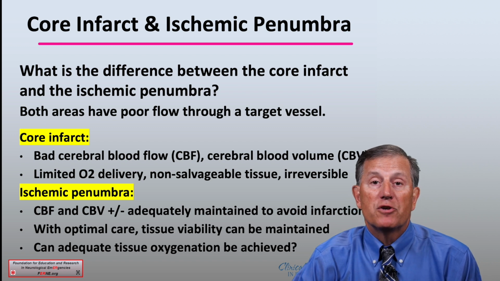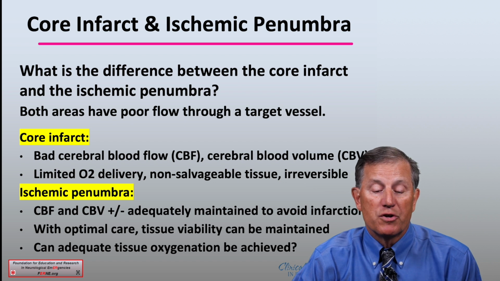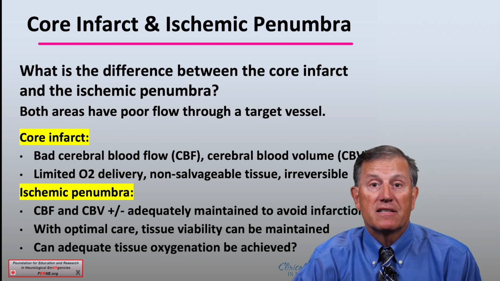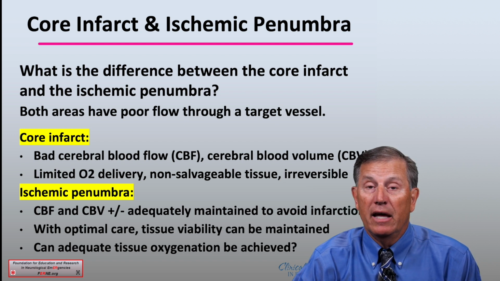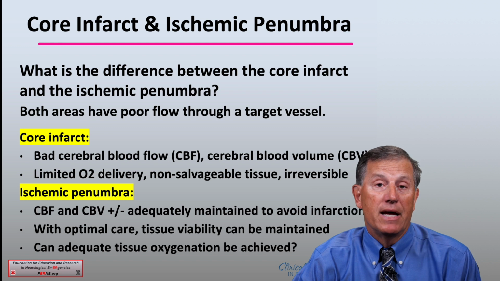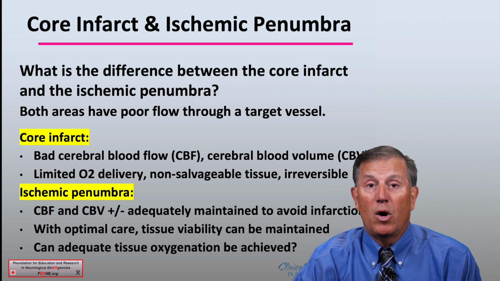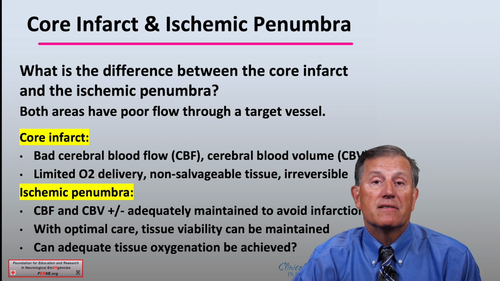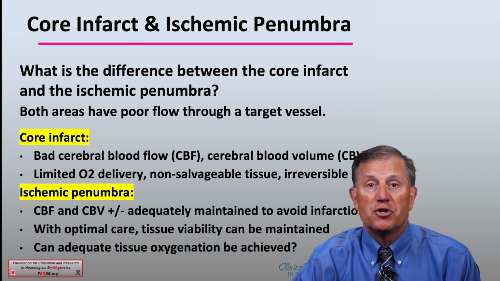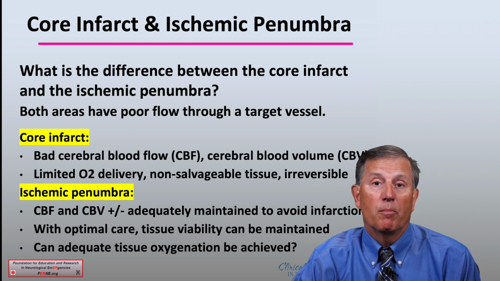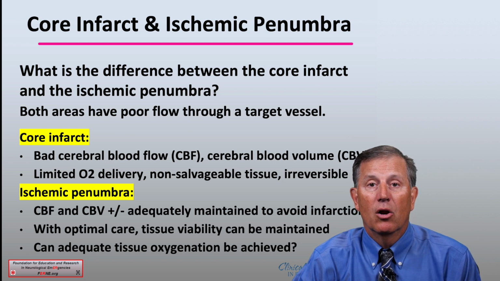And so the main question is, how is it that we can restore tissue oxygenation to this ischemic penumbra so that with good care, the ischemic penumbra becomes viable again and long-term effects are minimized, versus a situation where we are unable to restore adequate blood flow and this ischemic penumbra becomes more infarct tissue, which will impact both morbidity and mortality long-term.